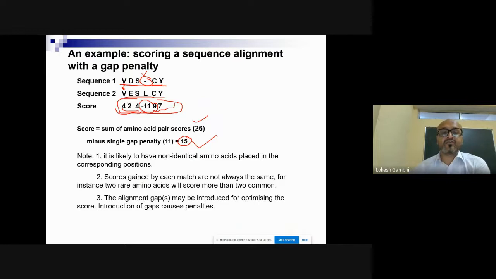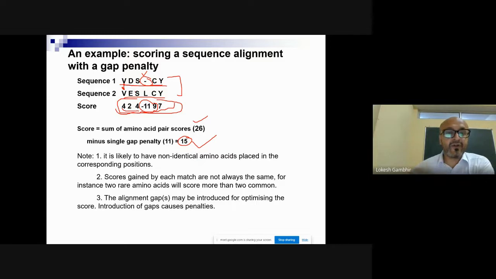Now what is this showing? It is showing that these sequences, first of all, are non-identical because the score has reduced. There are certain places where there are substitutions, and certain places where there are gaps. The score obtained by every match is not the same.